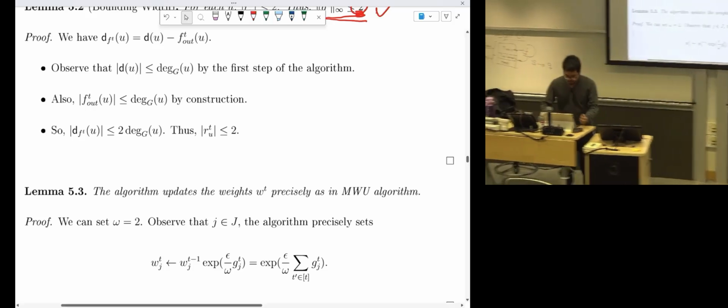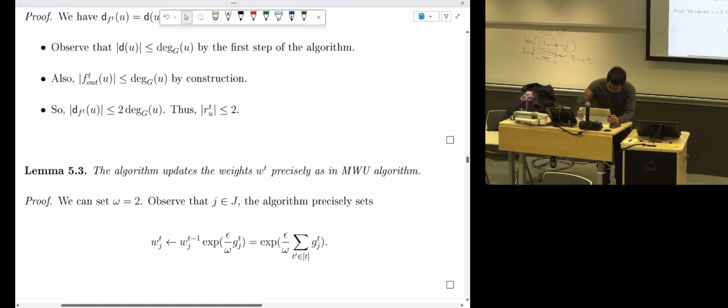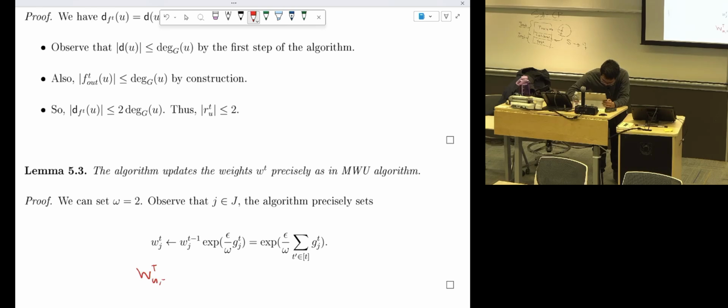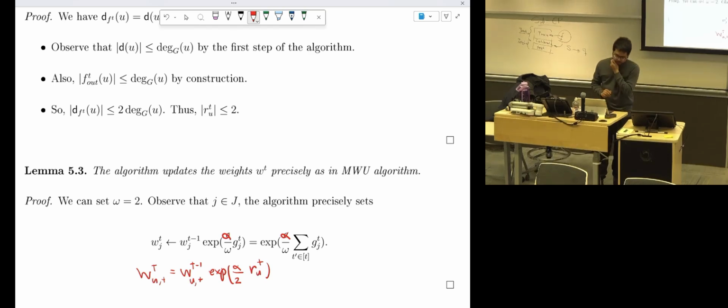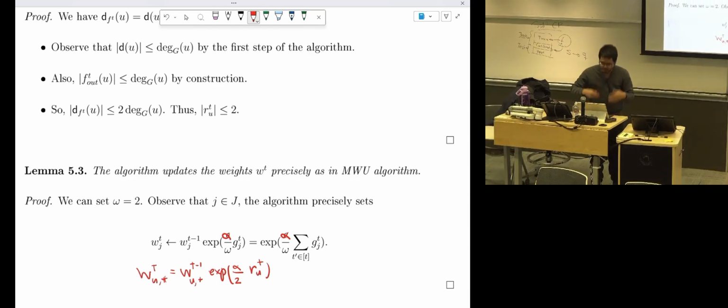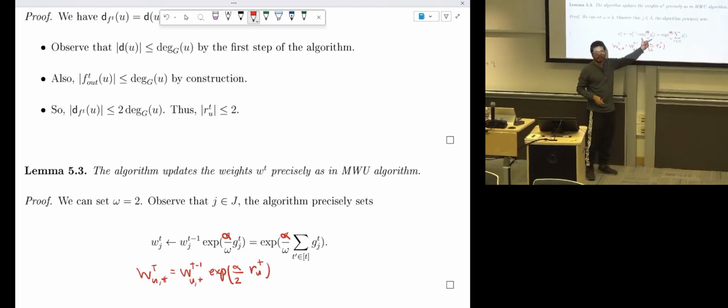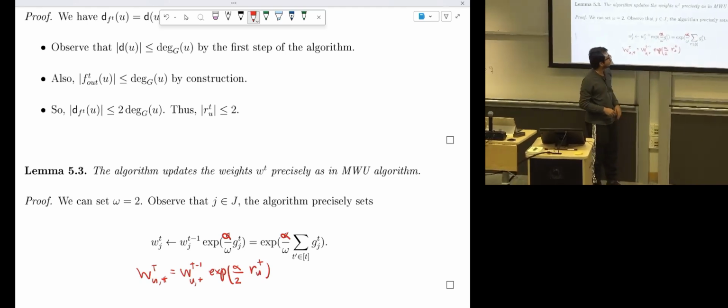We say that the weight at T plus 1 is just, actually this is alpha, sorry, alpha 2, and this is R, U, T, and similar things for minus. So it's just this, and this is exactly the same rule as in weight update.